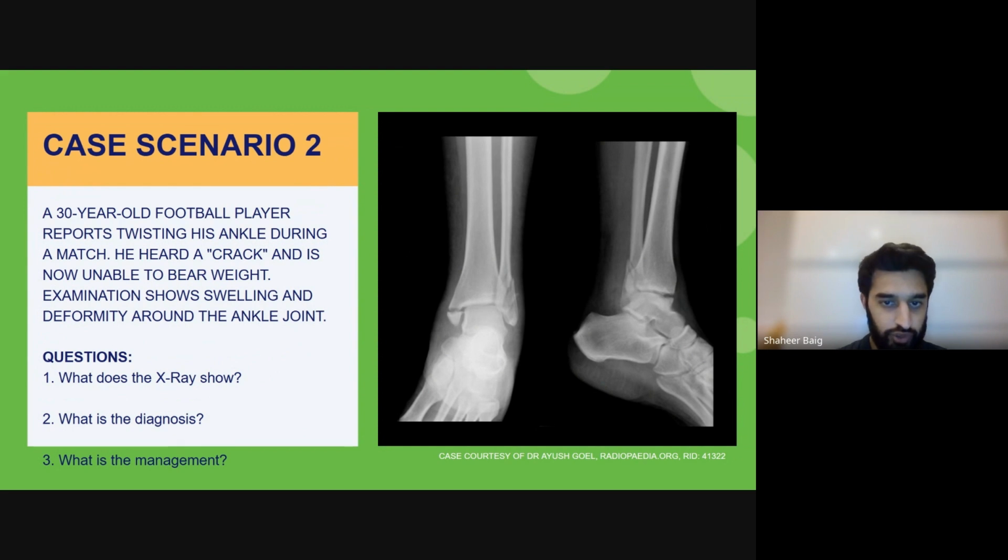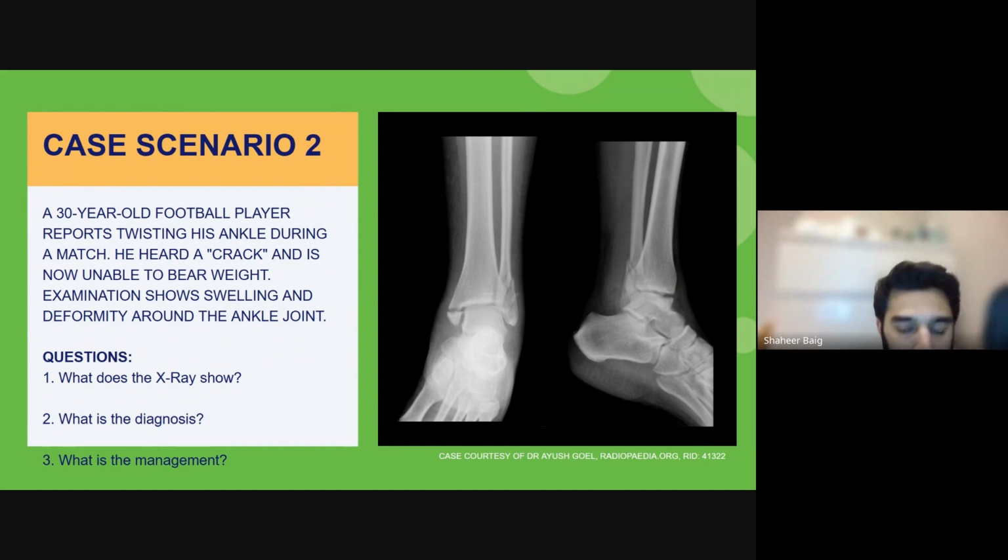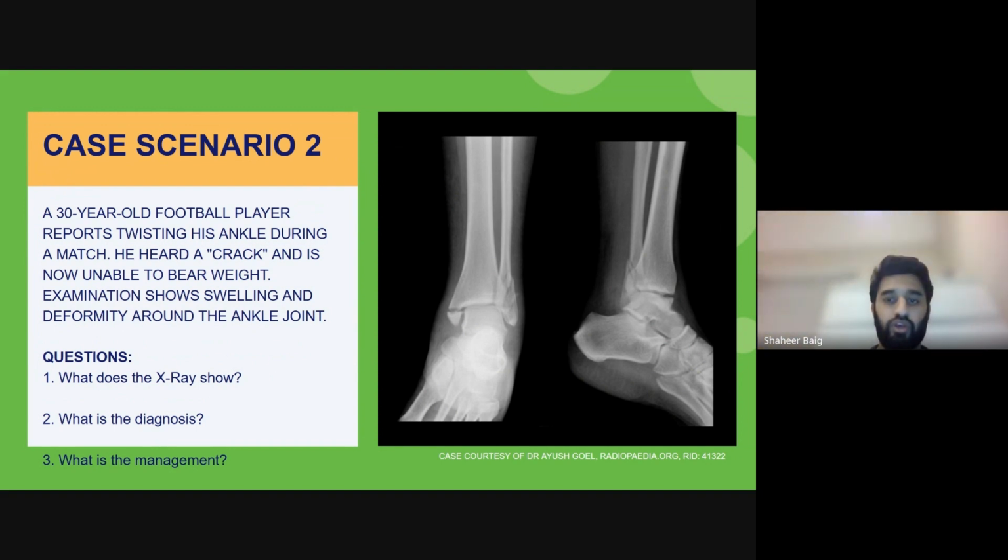Coming on to scenario two, we've got a 30-year-old football player twisting his ankle and had a crack and is now unable to weight bear. You can see here it's a nice example of a trimalleolar fracture, as we described previously. There's fracture of the medial malleolus as well as the lateral and posterior malleolus, so you would recommend an orthopedic review.